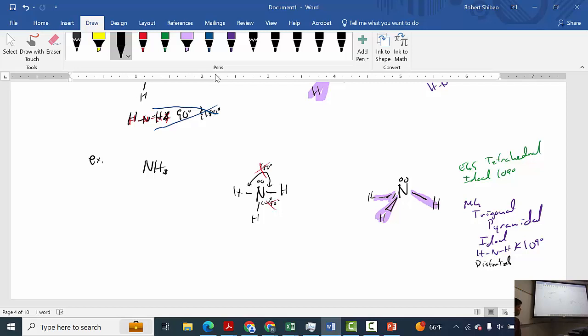But we might expect some distortions, and so the distorted angle here, what would you predict? It would decrease from the original angle. Yeah, it decreases. And so what we do is we just predict a lone pair distortion of 2 degrees. So we predict the distorted angle to be about 107 degrees.